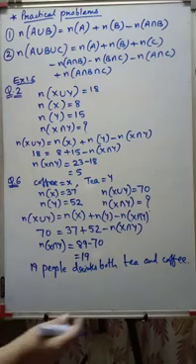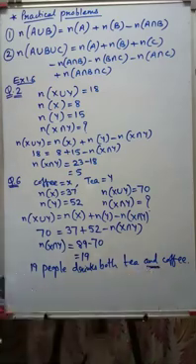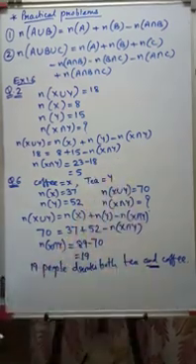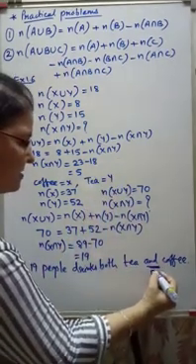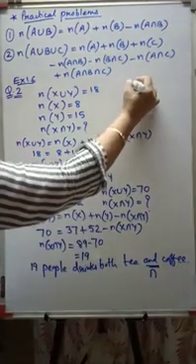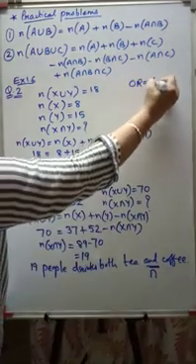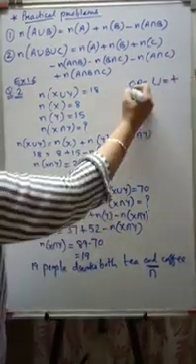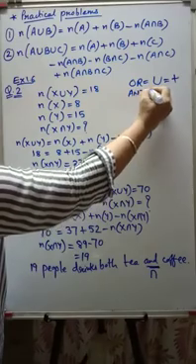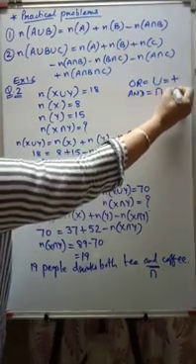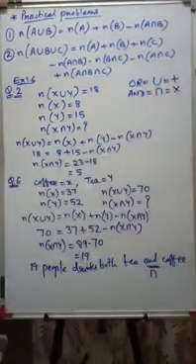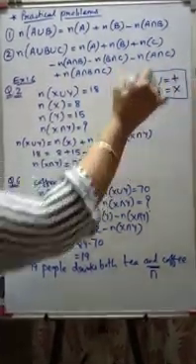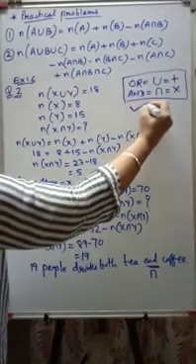One more thing. I am writing: and is intersection, or is union. Or means plus, and means multiply. Just remember this; I will explain how it is used.